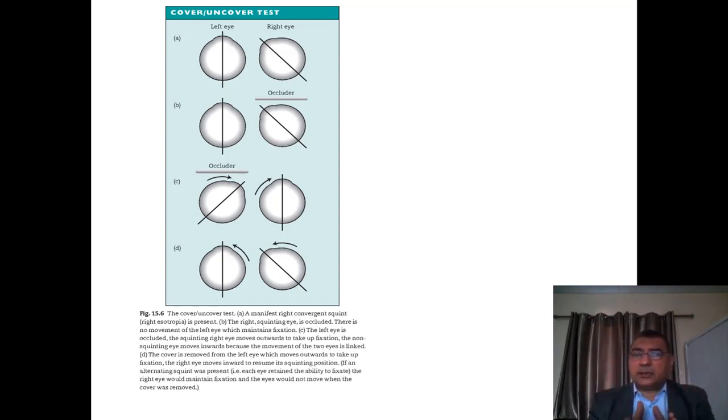The second is the corneal light reflex, and we determine that this type of strabismus is non-paralytic. We determine the type: esotropia, exotropia, hypertropia, hypotropia, and we determine the angle by the corneal light reflex: 15, 30, 45 degrees of strabismus.